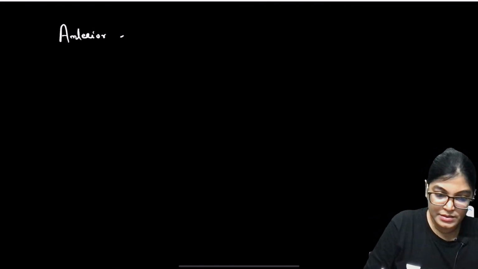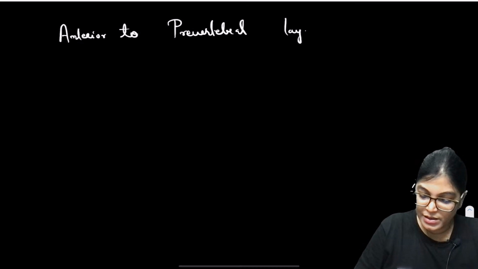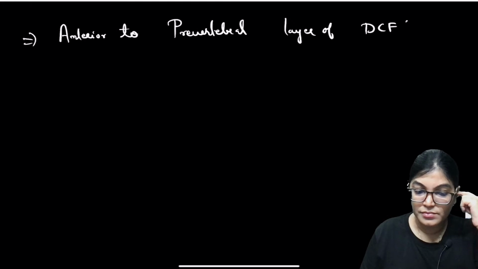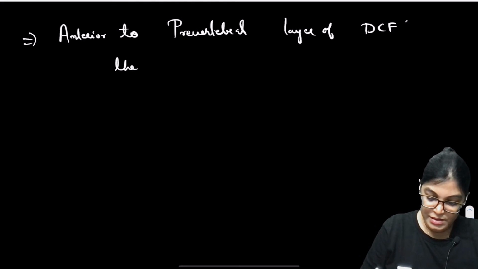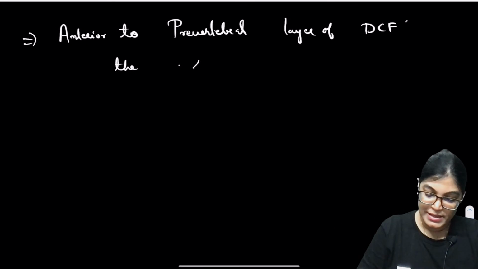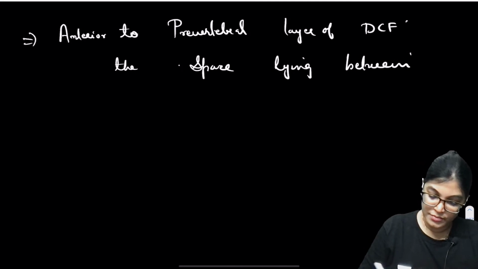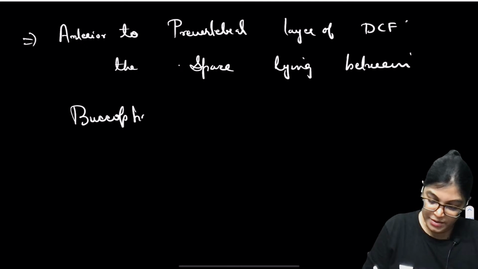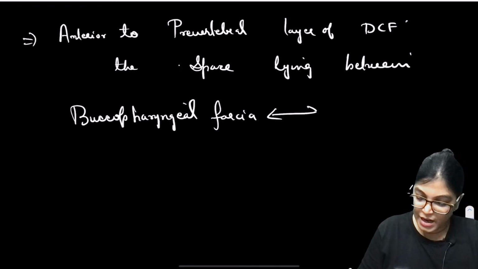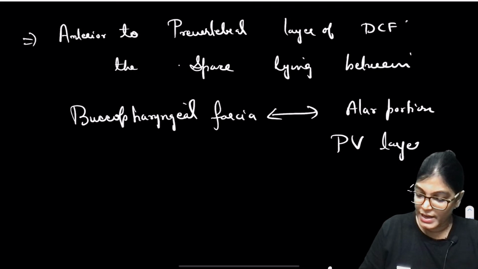Anterior to the prevertebral layer of deep cervical fascia, the space lying between the buccopharyngeal fascia covering the pharyngeal muscles and the alar portion of the prevertebral layer is called the retropharyngeal space.